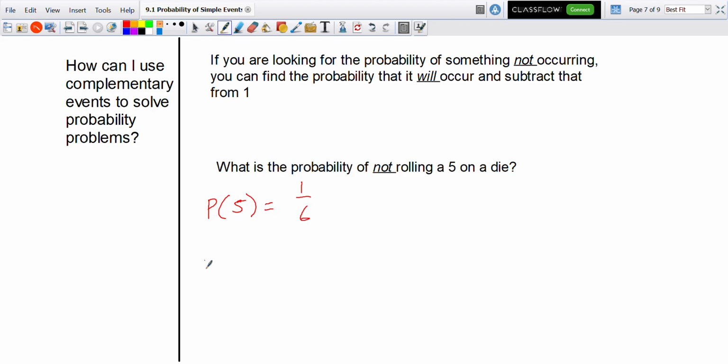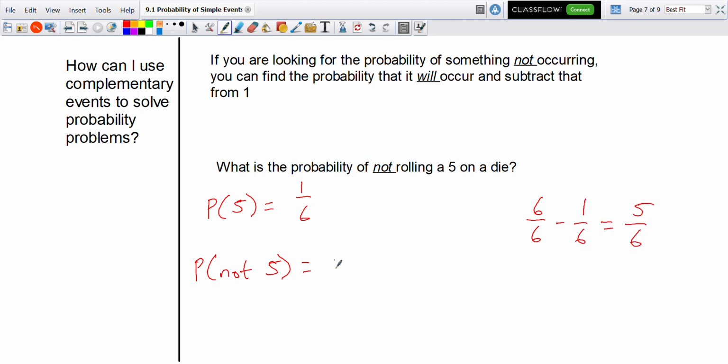But the complement of rolling a 5 is what we're looking for, the probability of not 5. And it's quite simple. If I know that it's a 1 out of 6 chance that 5 does happen, I can take my 100% probability, my 6 out of 6, my 1, and I subtract away 1 over 6.